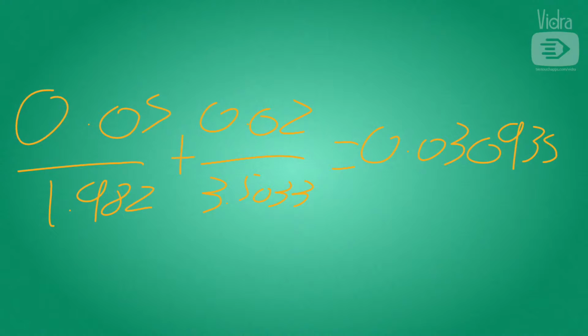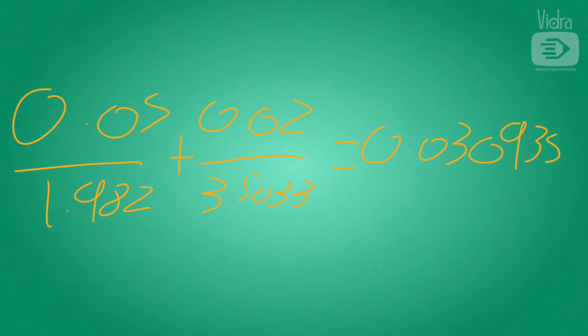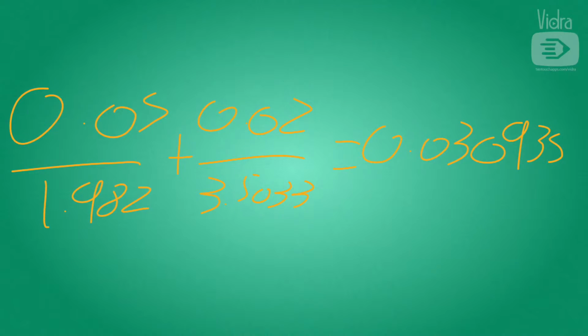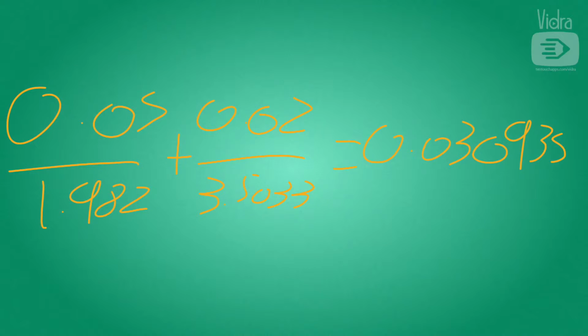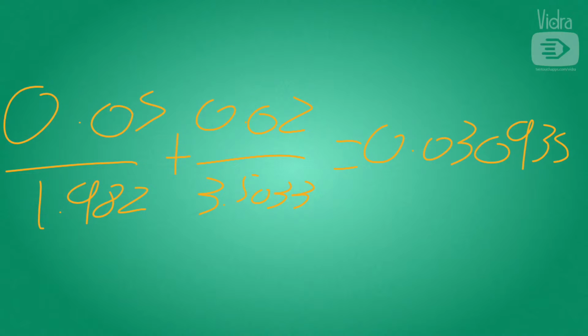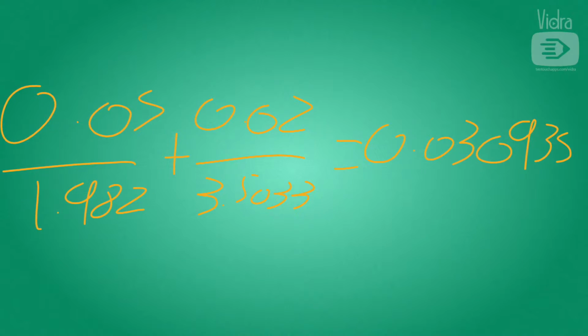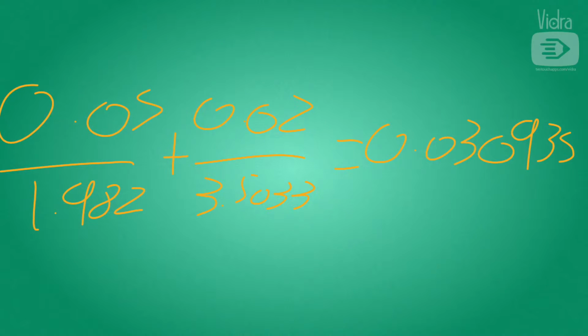If we use our calculators, we get quite a long number. As we already know, we look for the least decimals in the equation, which is 3 decimal points in the 0.05 or the 0.02.